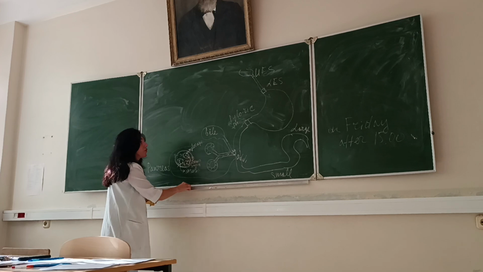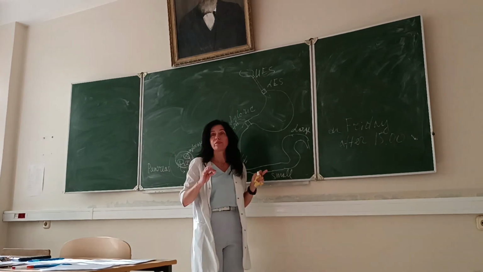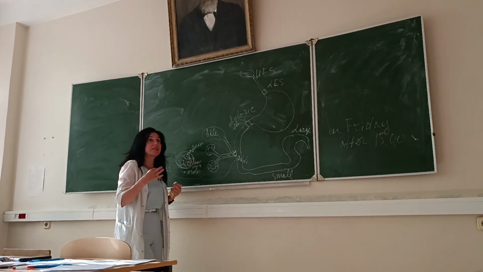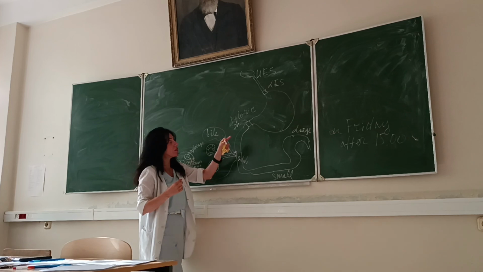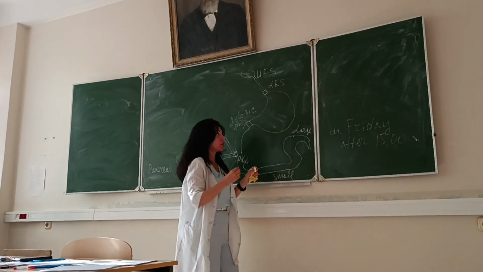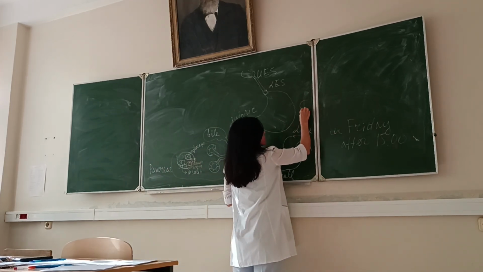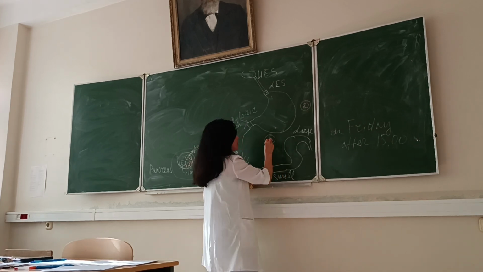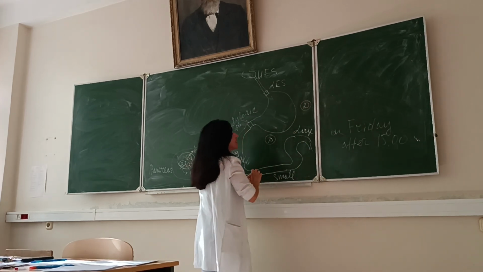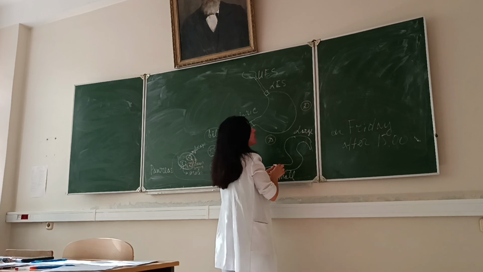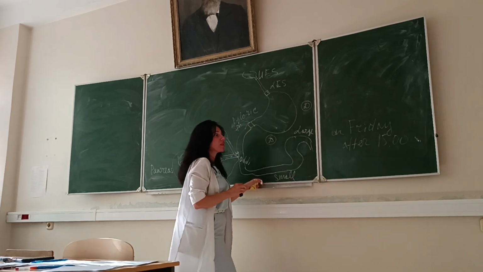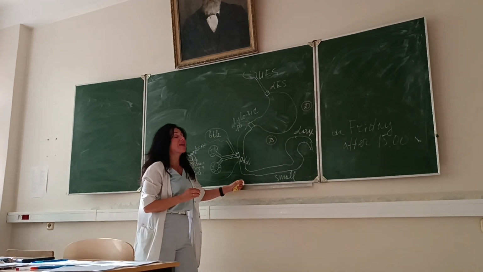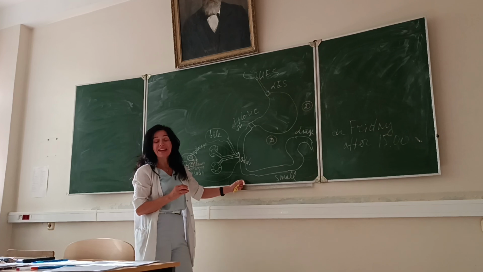This cell exists in all parts of the intestine, mostly duodenum, and also in the stomach. I explained in a previous class, maybe no, I don't remember which group. This cell inhibits production of histamine or gastrin.